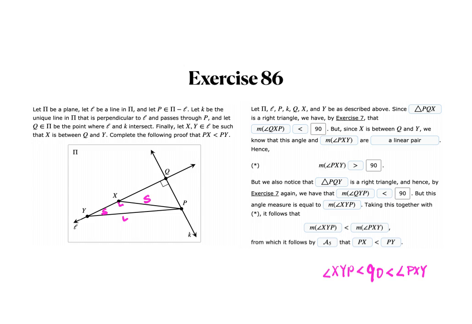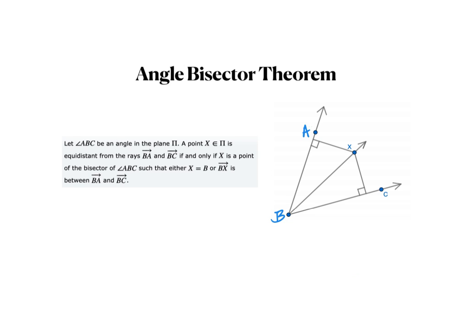The angle bisector theorem says that if a point is on an angle bisector, then it must be equidistant to the sides of my angle. So we're going to let angle ABC be an angle in the plane pi, and a point X be an element of pi.